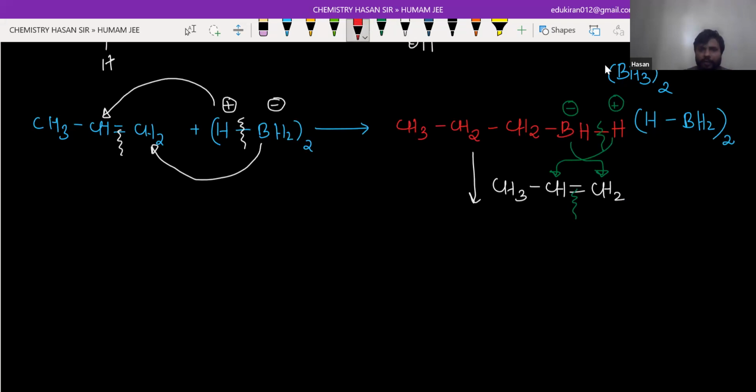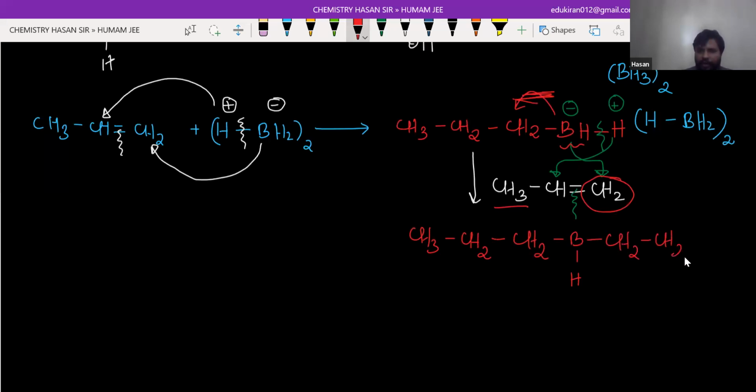So again I'm going to write CH3, CH, initially it was CH, but by attack of this hydrogen it becomes CH2. After that it is CH2, and this CH2 is attacked by B. So I'm going to write B and H with B like this. On the left hand side of B, we have CH2 and then again CH2 and then again CH3.